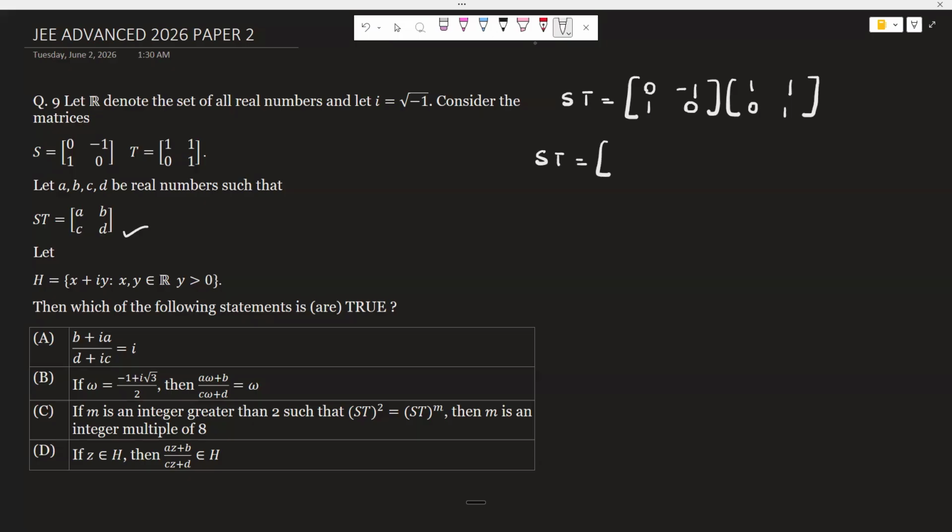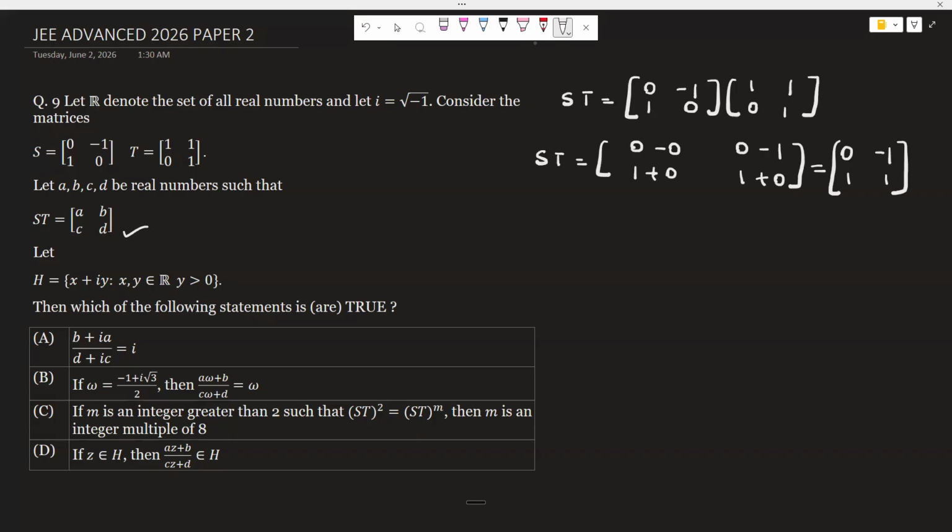0 into 1, 0. -1 into 0, 0. Next 0 into 1, 0. -1 into 1, -1. 1 into 1, 1. 0 into 0, 0. Next 1 into 1, 1. 0 into 1, 0. So finally we got 0, 1, -1, 1.